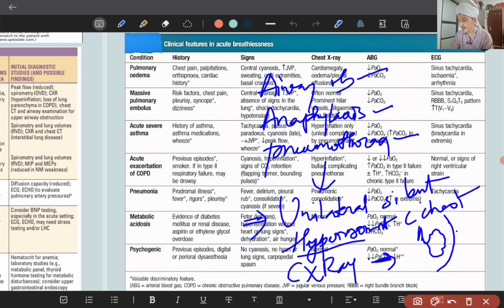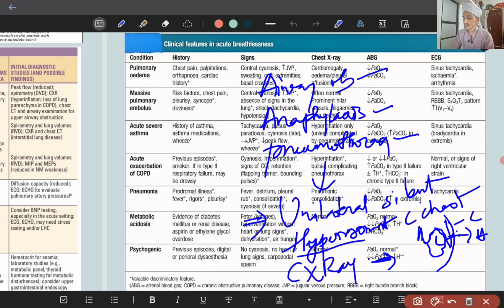You will see hypertranslucency of the chest, and you will see the contracted border of the lung. This is the lung, this is the chest wall. Between the chest wall and the lung there will be hypertranslucency.